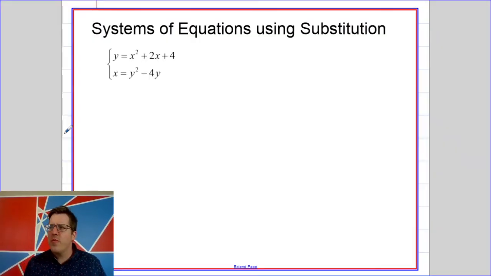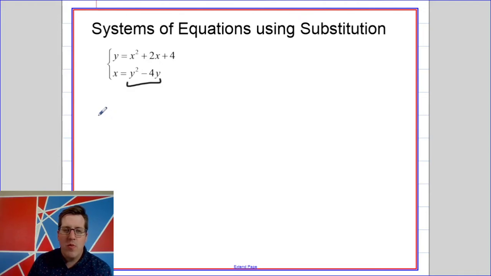All right, now this third problem gives us a bit of a conundrum. Do I want to plug x into the top equation, or do I want to plug y into the bottom equation? I think I would rather plug in for x because it's a binomial.